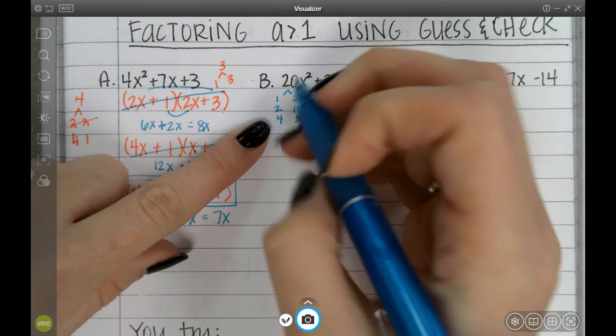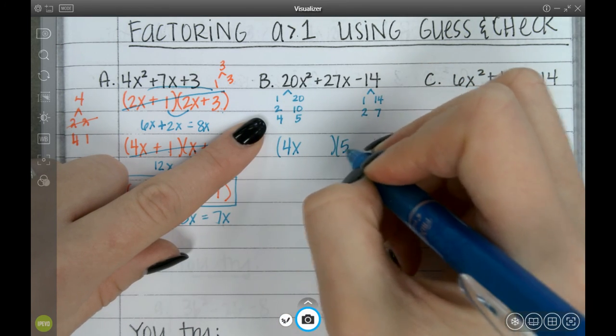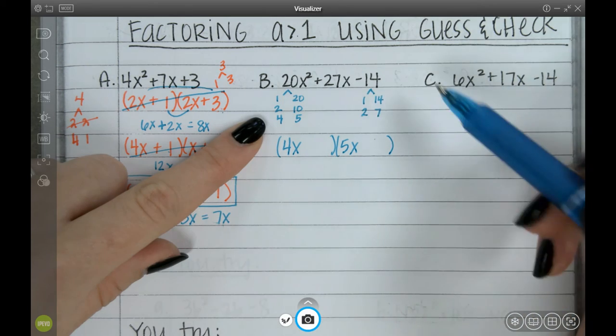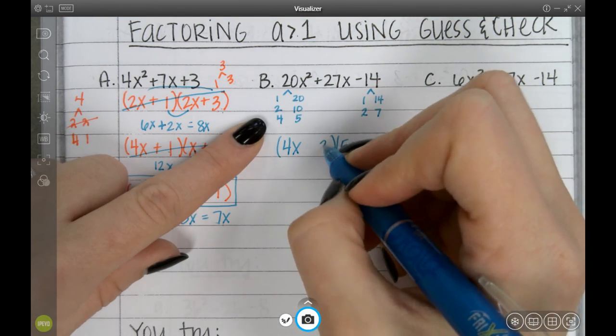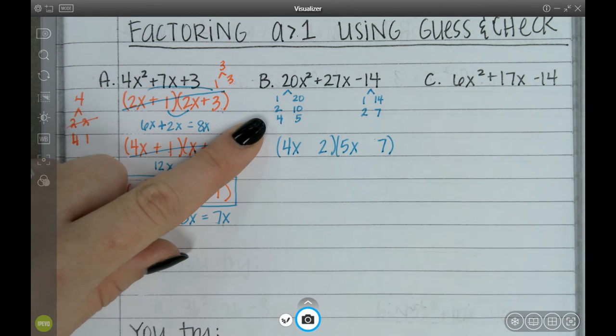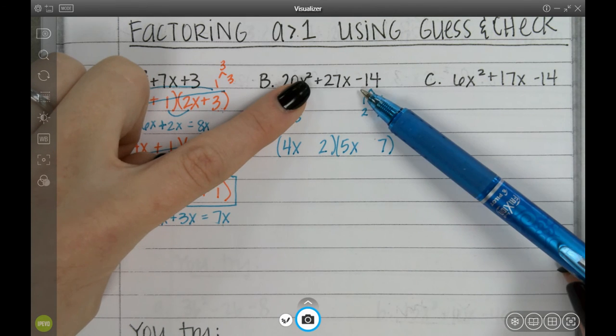So I'm going to do 4x and 5x, and I'm going to do 2 and 7. But this time, my signs are one positive and one negative.